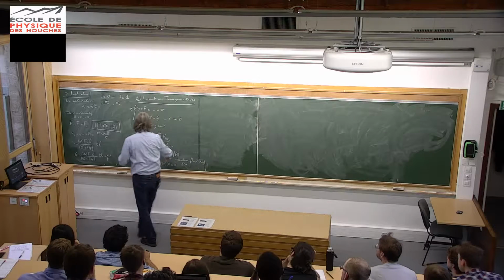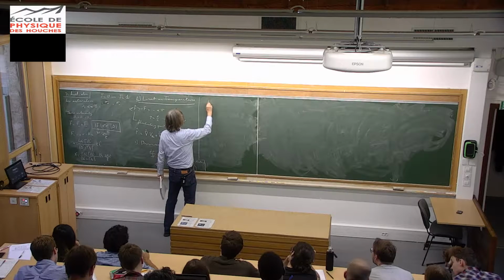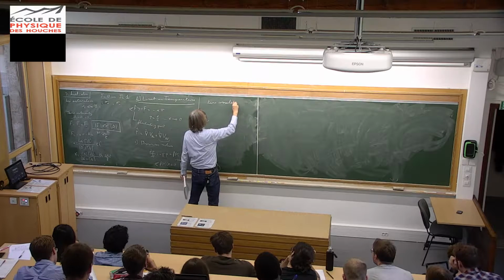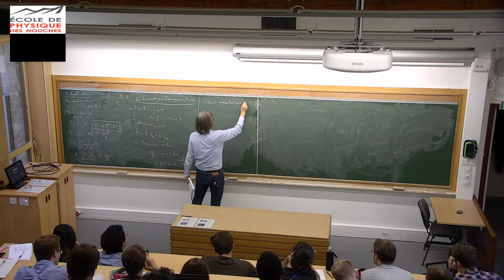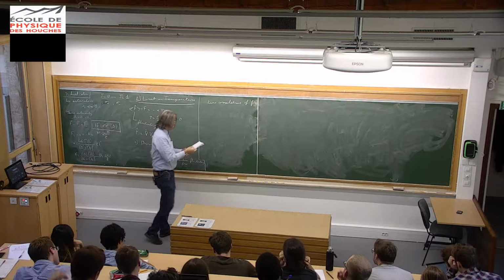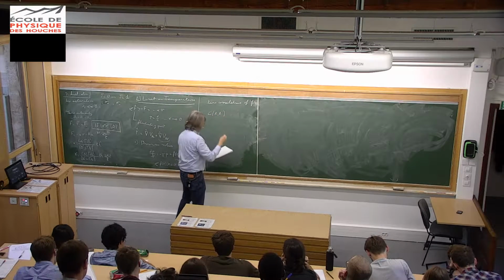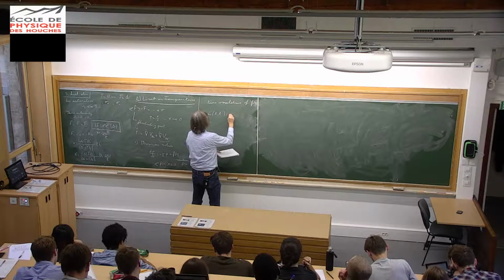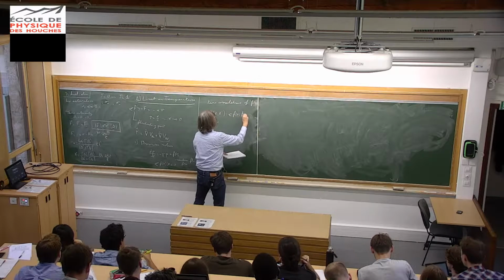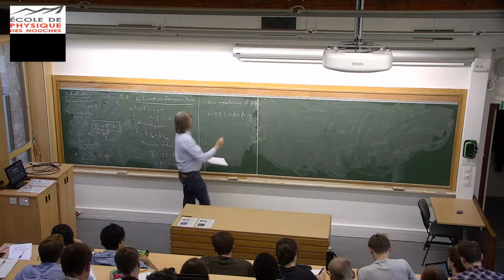To solve this problem, we have to know the time correlation of the fluctuating force. So what we have to calculate is the average value of f of t times f of t prime, and this is different from 0.